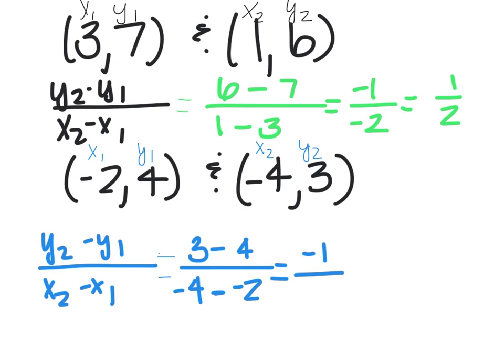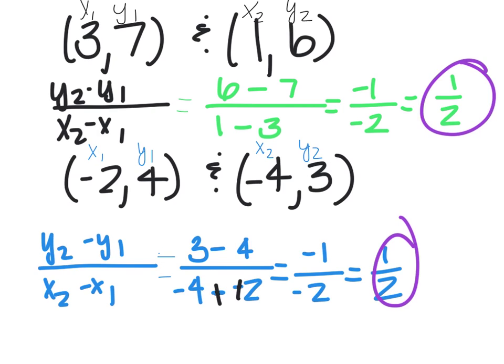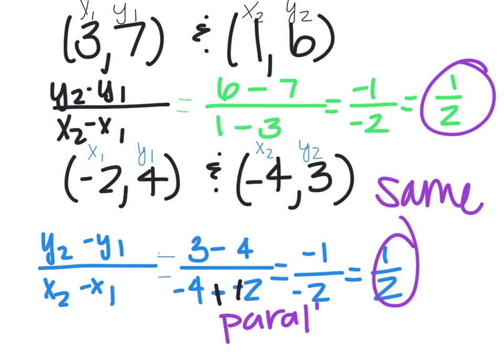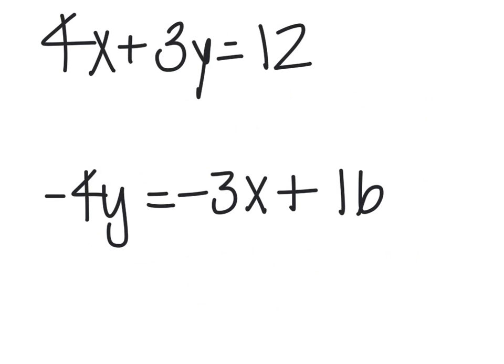And when I have that minus negative, remember that's the same thing as saying plus a positive, and -4 plus 2 is -2. -1 over -2 is a positive 1/2. So notice that both of them had a slope of 1/2 since they were the same. That told us that these two lines are parallel.